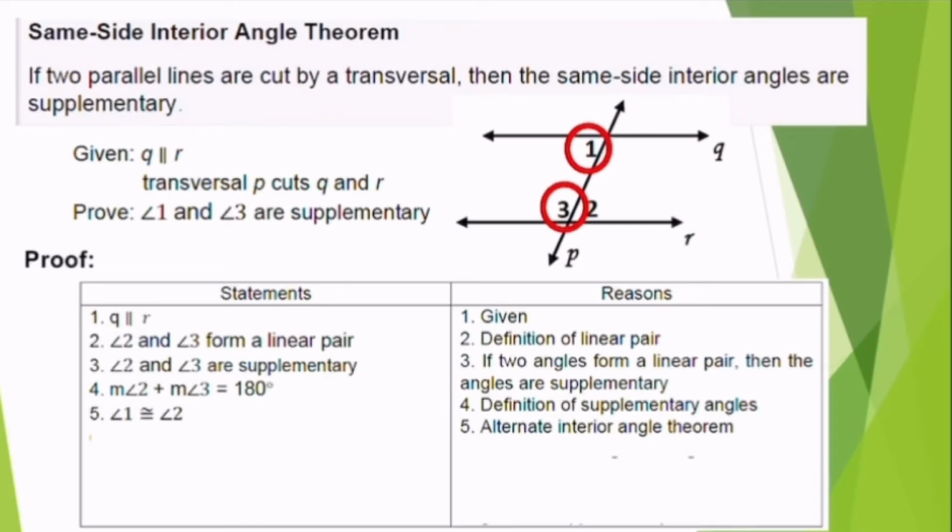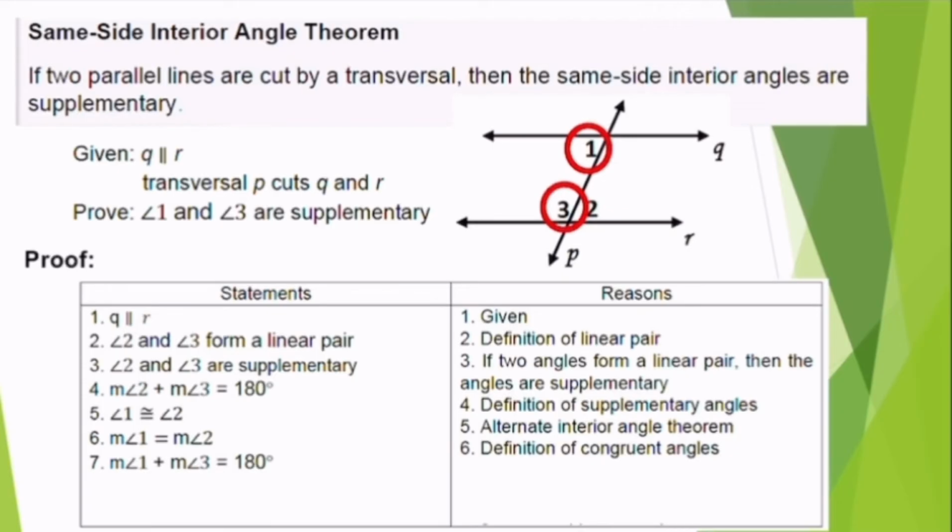Next statement, the degree measure of angle 1 is equal to the degree measure of angle 2. The reason is by the definition of congruent angles. Next statement, the degree measure of angle 1 plus the degree measure of angle 3 is equal to 180 degrees.